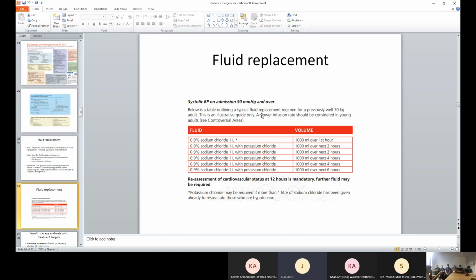If there is evidence of circulatory compromise, hypotensive or tachycardic, then you can give 500 ml as a start, and then another 500 ml depending upon the response. Everybody may be a bit worried about giving 1 liter as a start.